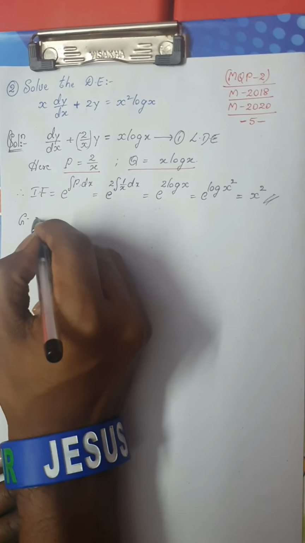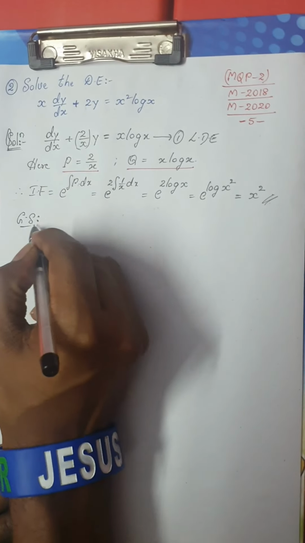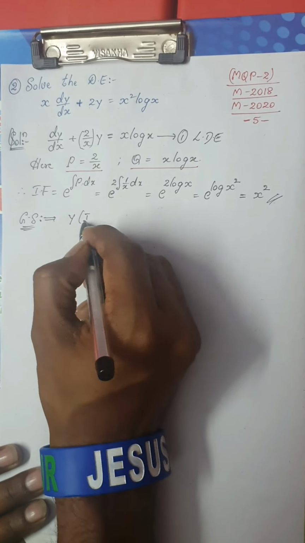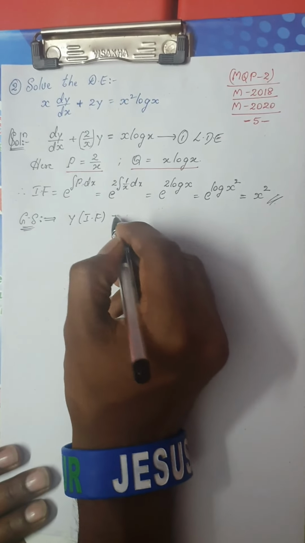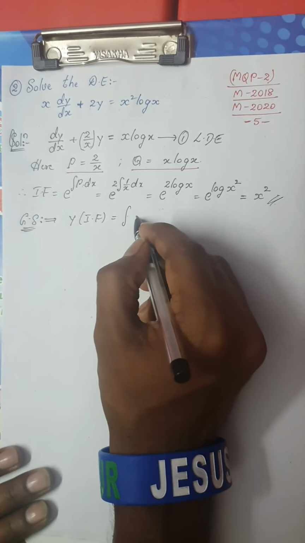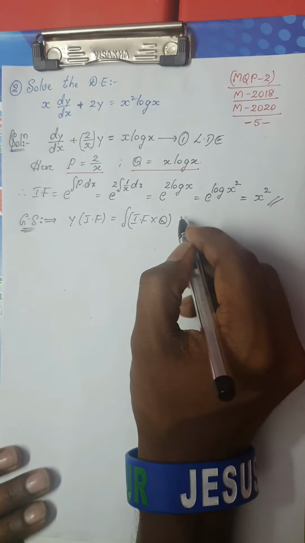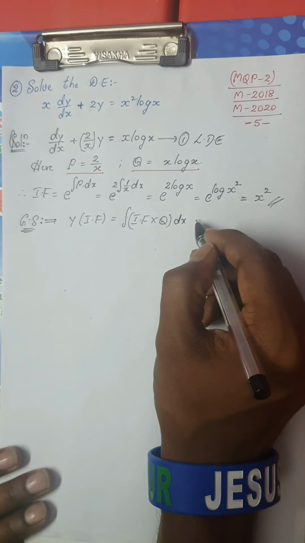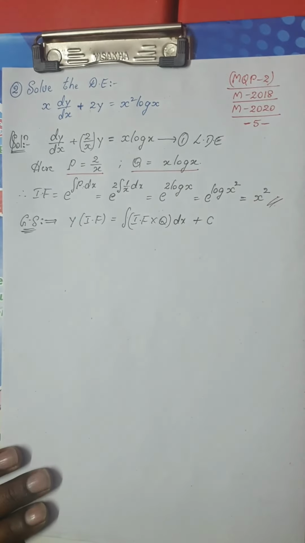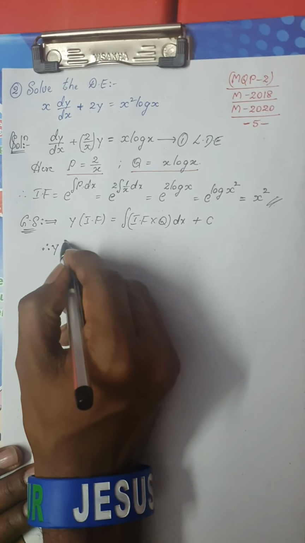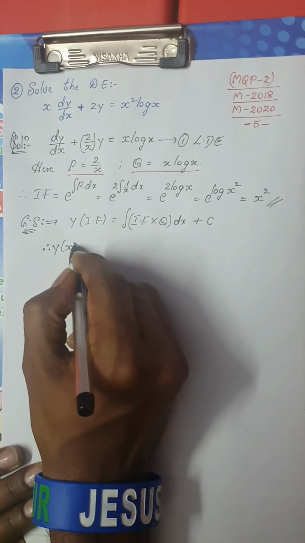So write down the general solution. What is the general solution? The formula is y into integrating factor is equal to integral of integrating factor into q dx, plus c, the constant of integration. Therefore y into, actually integrating factor is x square.